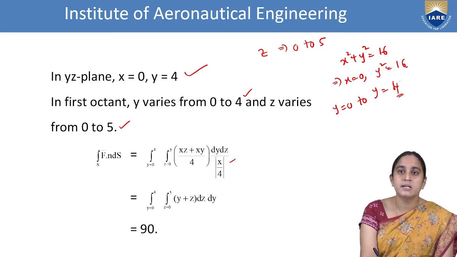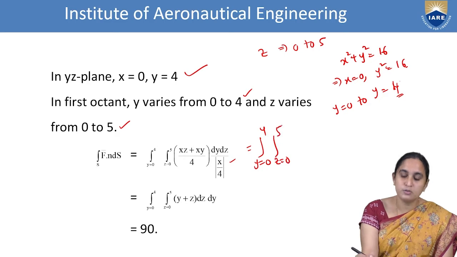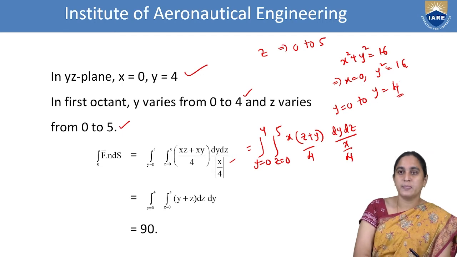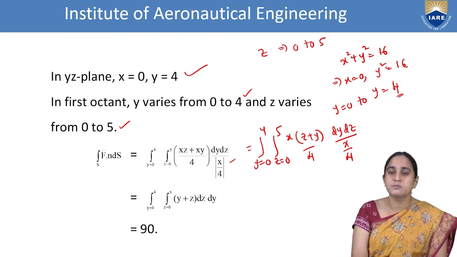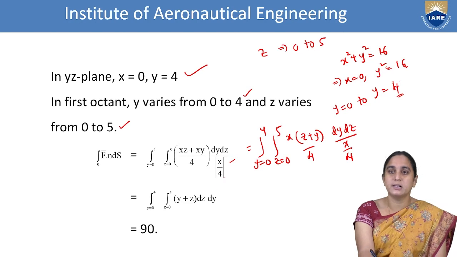What is that? That is x by 4, right? I'll write that step here. That is y is equal to 0 to 4 and z is equal to 0 to 5. x is common, that is (z plus y by 4) and dy dz by x by 4 only. Here, the modulus means that if n bar dot i bar is positive, we keep it; if it is a negative value, we can take it as positive.